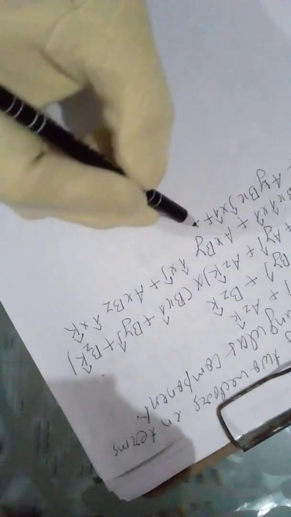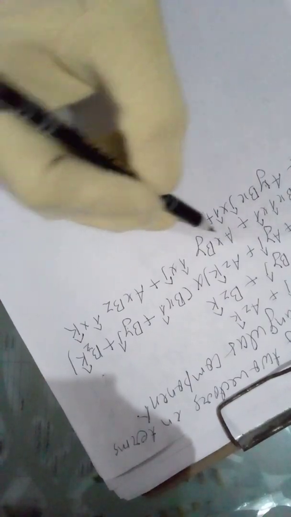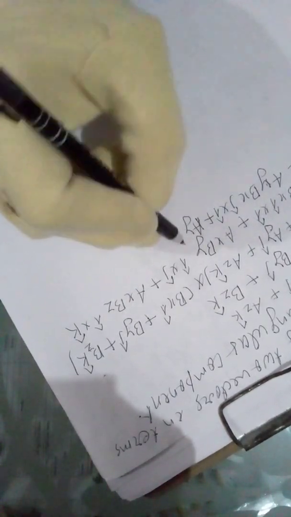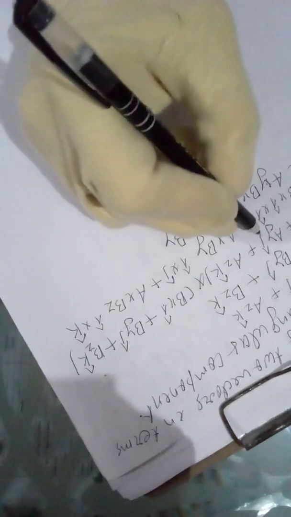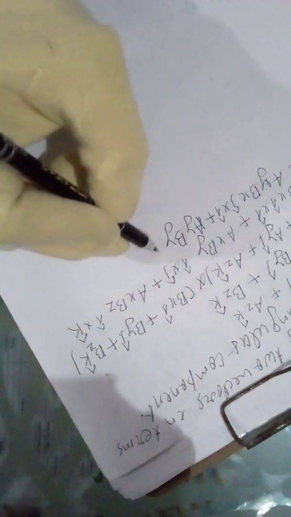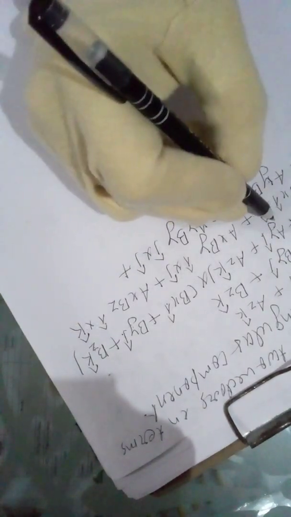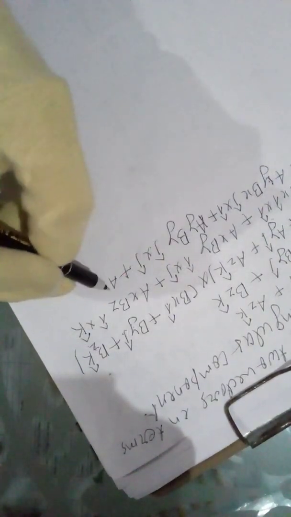Then coefficient ay by, and j cross j. Then coefficient ay bz, and j cross k.